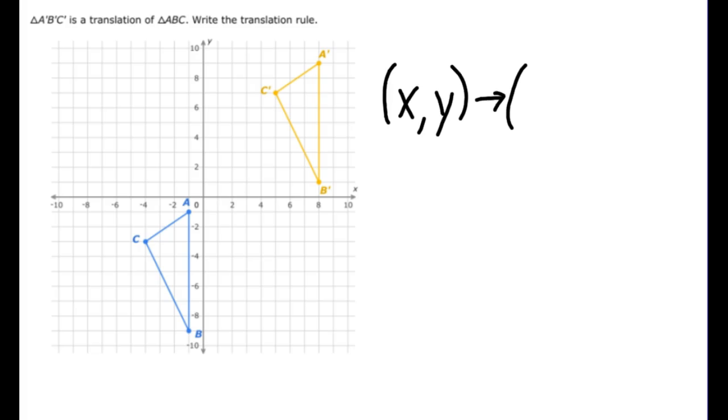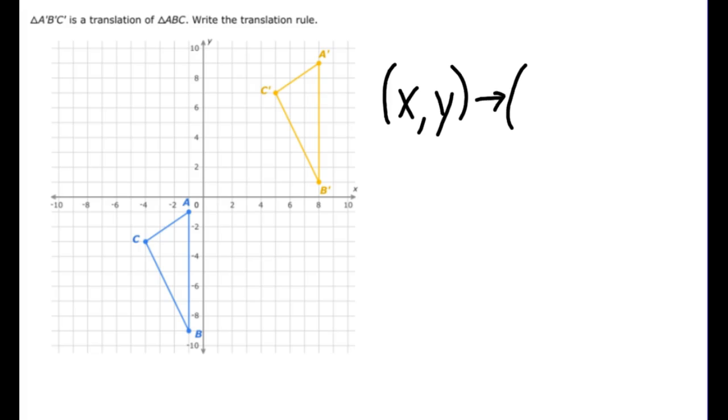So in this example, triangle A prime, B prime, C prime is a translation of triangle ABC. We want to determine what the rule is. So all we really have to do is focus on one vertex, for instance A to A prime, and determine how far we're moving horizontally and vertically.